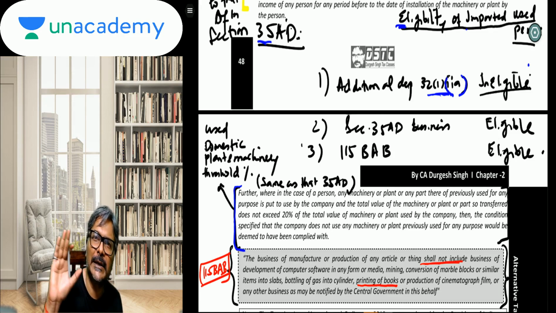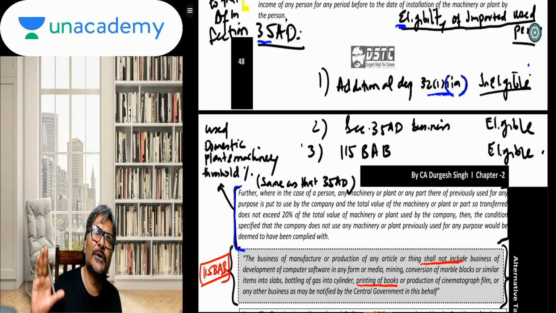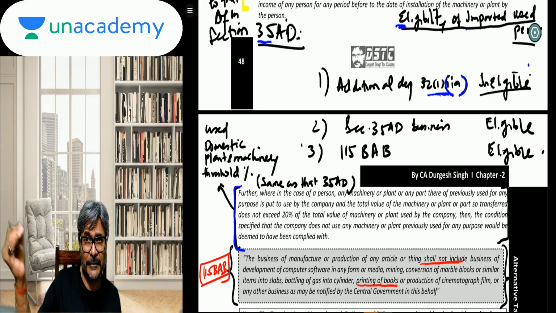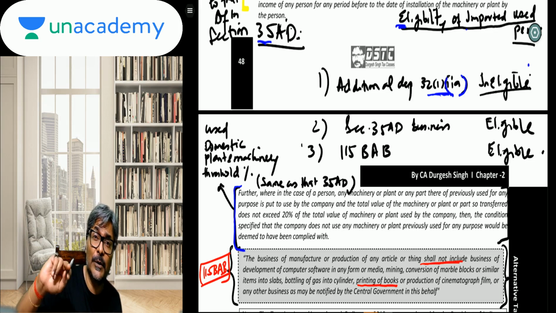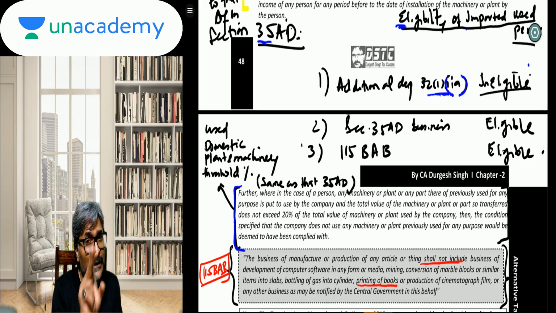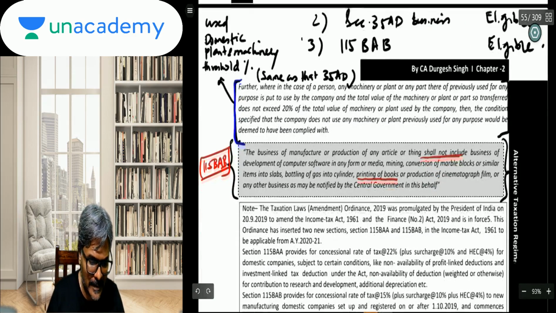So up to 20% of the domestic plant and machinery can be used for the purpose of this 115BAB business. But if it goes beyond 20%, then the way we have discussed for 35AD that it will be disqualified, same thing will happen over here also. Meaning thereby you cannot then take the benefit of 115BAB business.